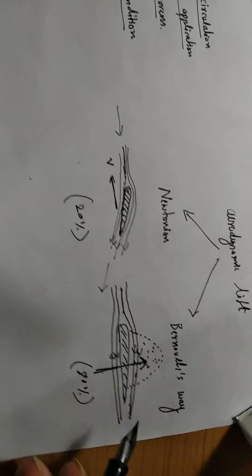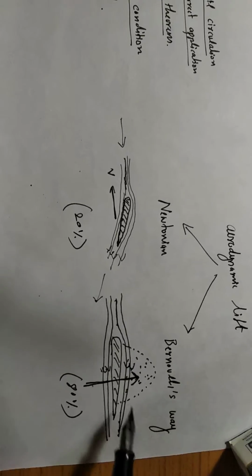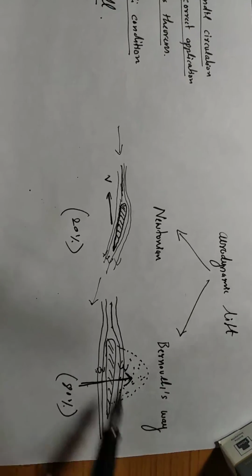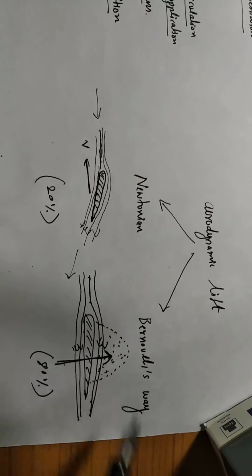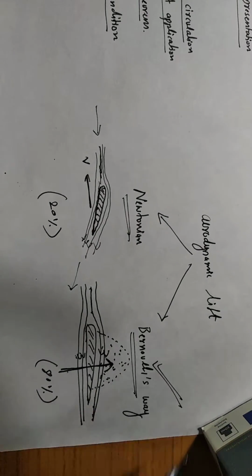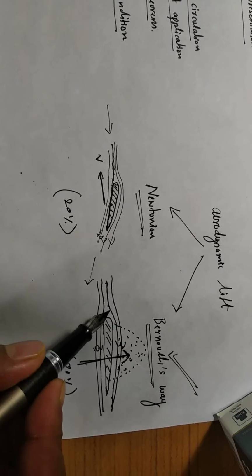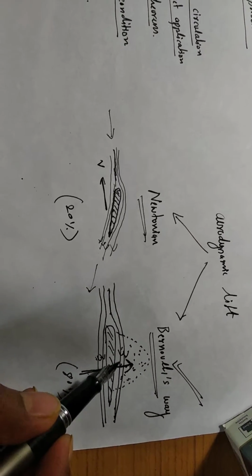Now the question which was not addressed last time, actually I deliberately skipped the question, because I wanted to first explain these two competing views. The question is, what is the reason that the air flow is faster over the top of the wing?